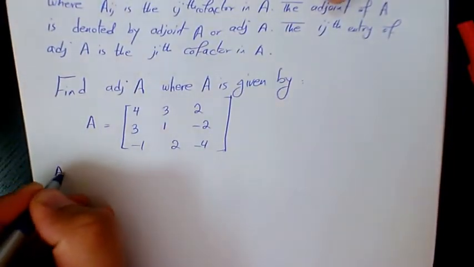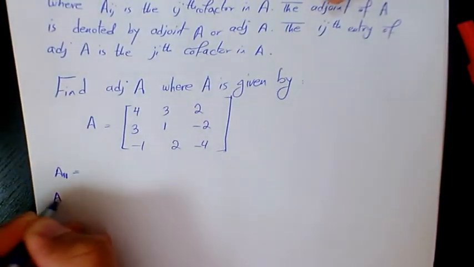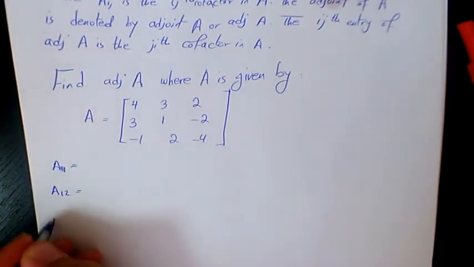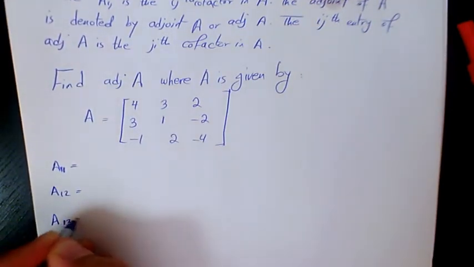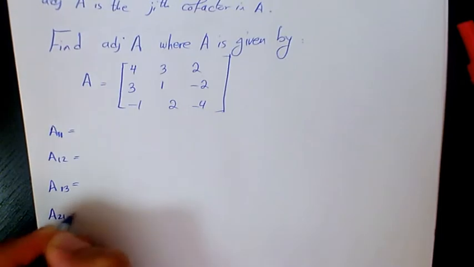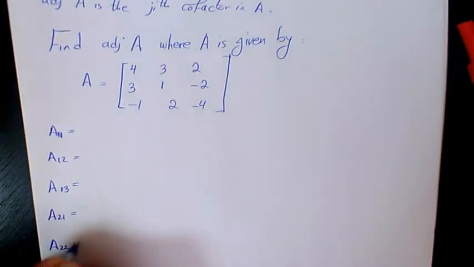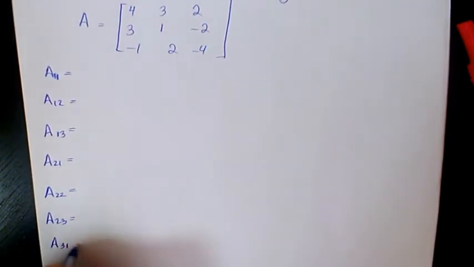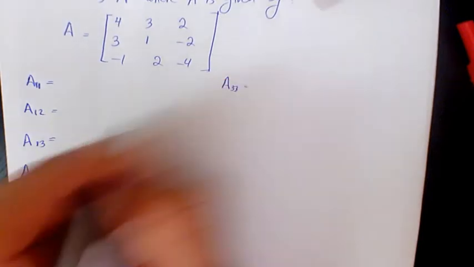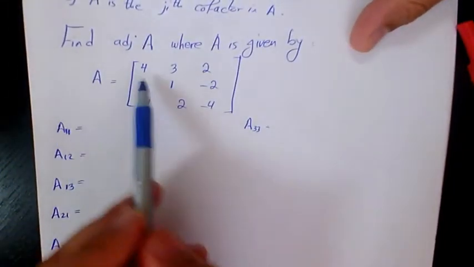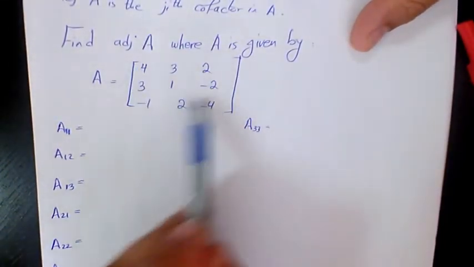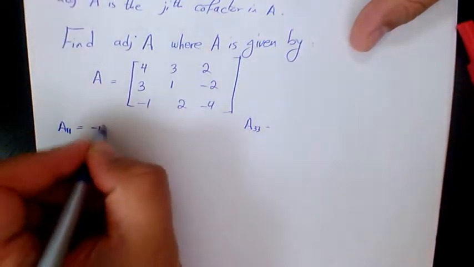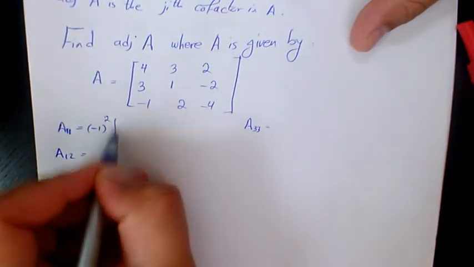So now I want to find the cofactors for A11, A12, A13, A21, A22, A23, A31, A32, and A33. So A11 is going to be, you remove the row and column in here, so it's going to be -1 to the power of 1 plus 1, which is 2.